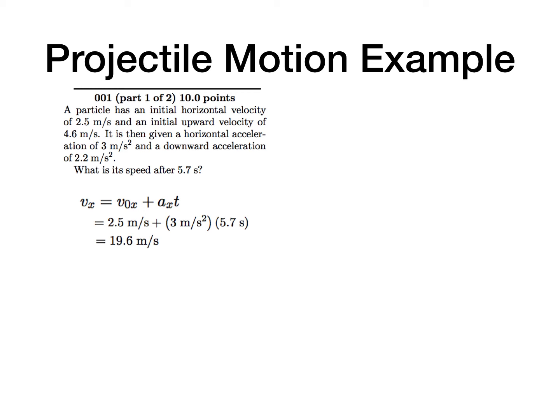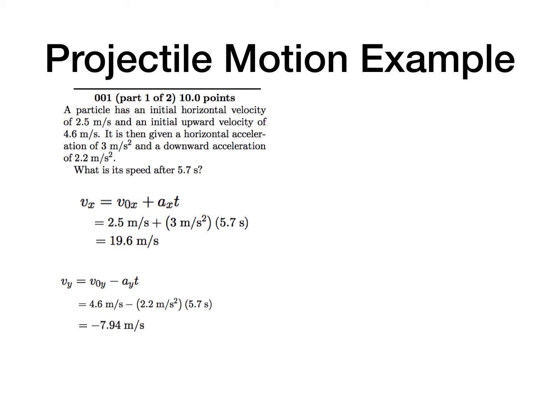Now we will do the same for the y direction. This equation is: the final velocity in the y direction is the initial velocity in the y direction minus the acceleration in the y direction times the time once again. Going back to the question, we have 4.6 meters per second, which is the initial upward velocity, minus 2.2 meters per second squared, which is the downward acceleration, times 5.7 seconds once again.